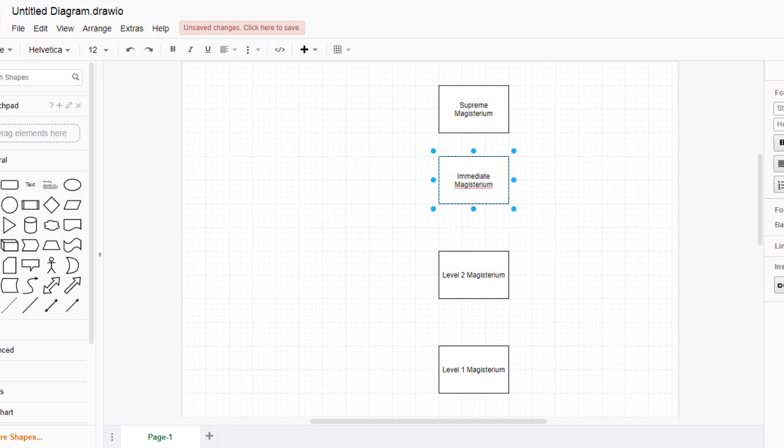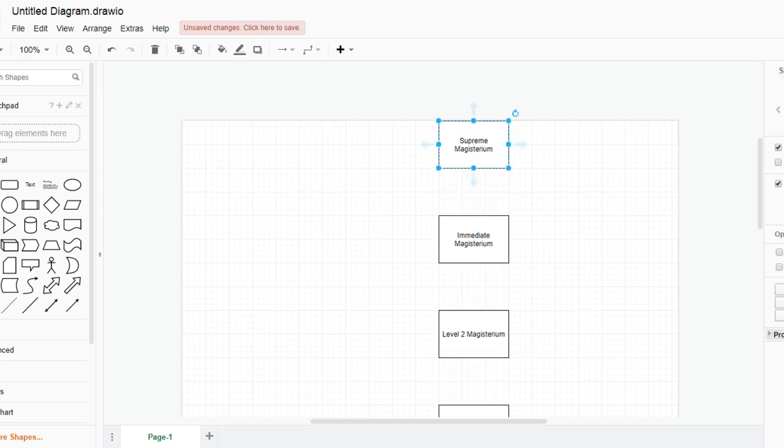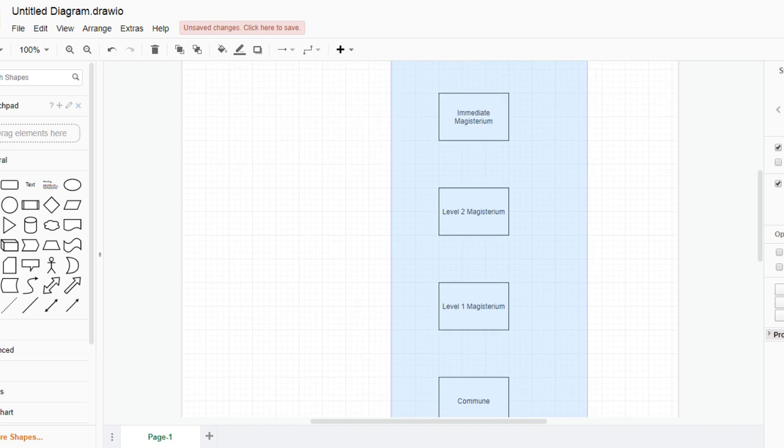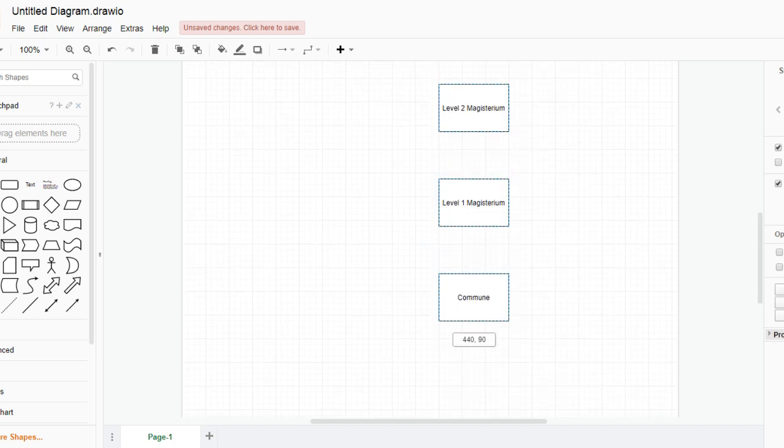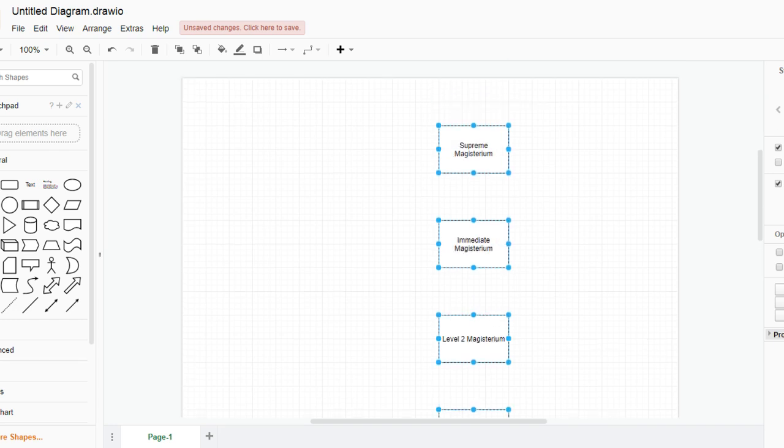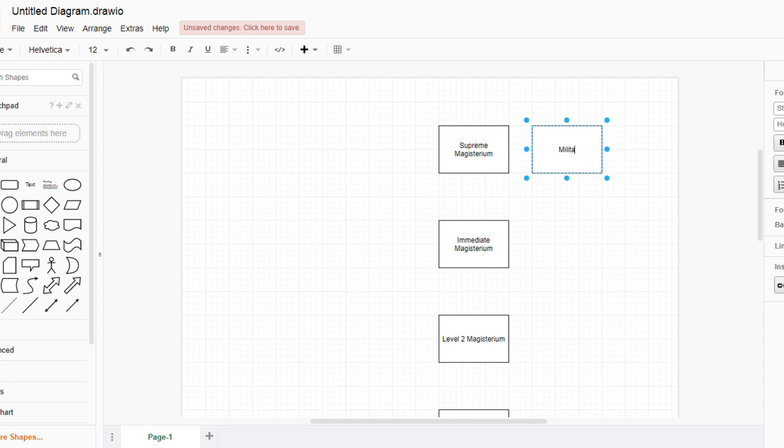So all of the intermediate magisteria generally behave in the same way, except for the immediate magisterium, which, because it's immediate to the Supreme Magisterium, not only elects the members of the Supreme Magisterium, but it also elects members to the various commissions. So you've got a military commission.